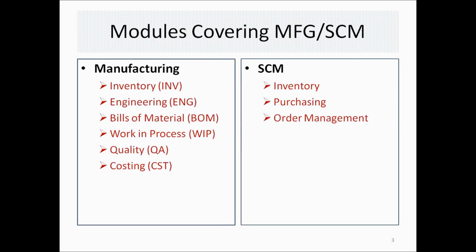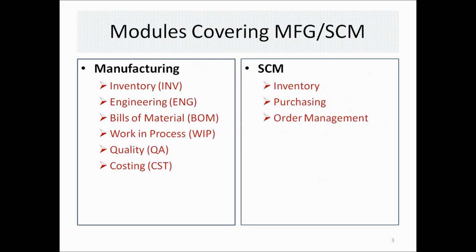Order management is a module which fulfills my order. If I am in a sales organization where I'm getting orders on a regular basis, then I have to fulfill that order either from the stock in my inventory, or if I don't have stock, I have to make sure I get it produced or buy it from somewhere and then fulfill my customer. So when I'm fulfilling my customer demand, I am selling something, I am liable to get some money, right?